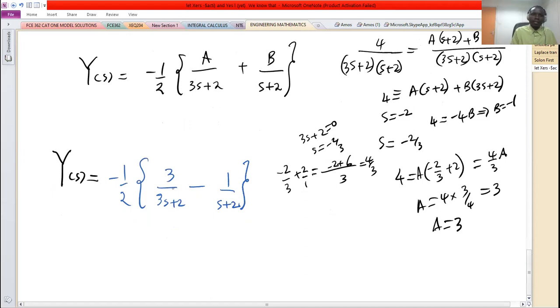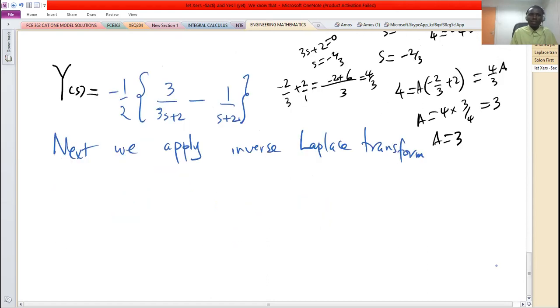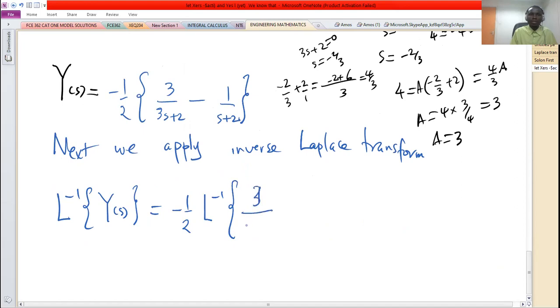And then next we apply inverse Laplace transform on both sides of this one here, so that we have inverse Laplace transform of capital Y of s is -1/2 inverse Laplace transform of 3 over 3s plus 2, minus 1 over s plus 2.